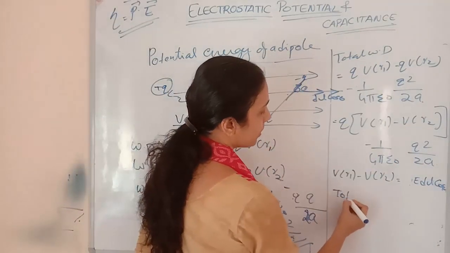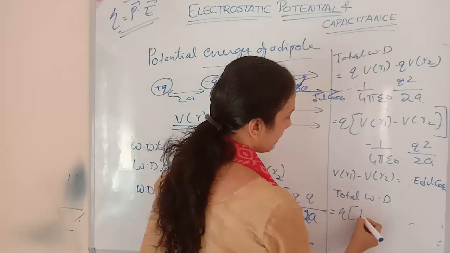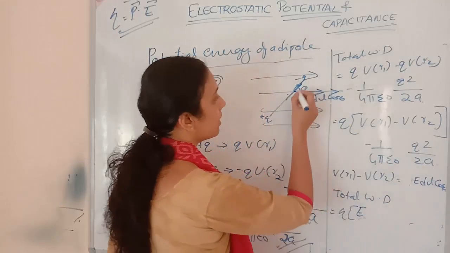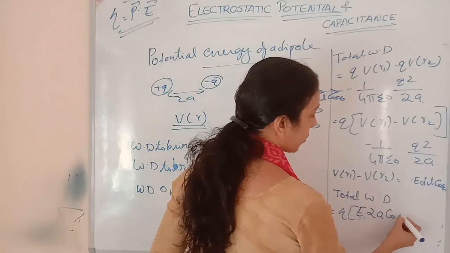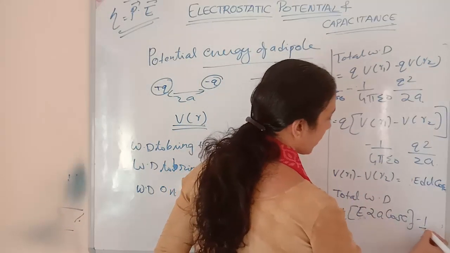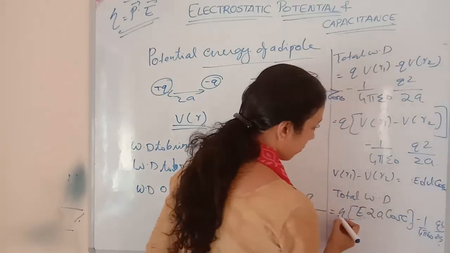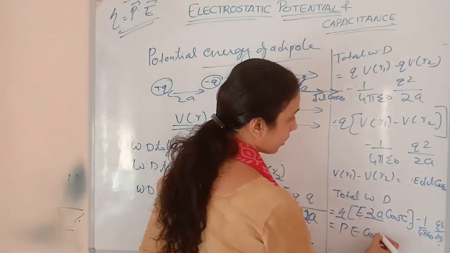So total work done will be equal to q into E. What is dl here? dl is the distance between these two, that is 2a cos theta, minus 1 by 4 pi epsilon 0 q square divided by 2a. What is q into 2a? That is p. So it is pE cos theta.